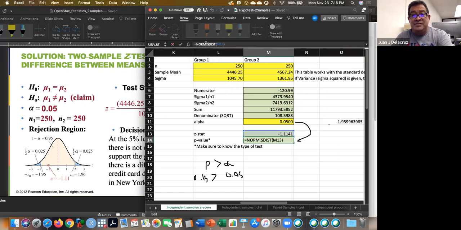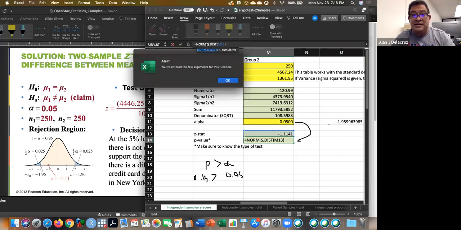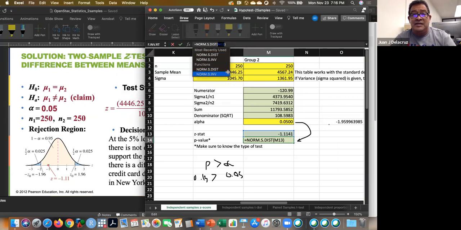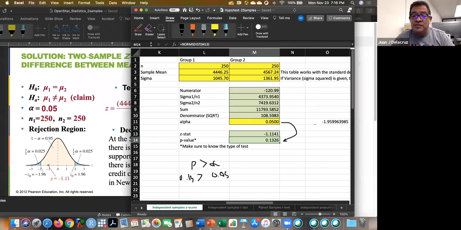I think sometimes different versions of Excel differ, and I don't know why it's doing this, but it's the same formula that we use. In this case, we have the data, we are finding the test statistic, which is the Z statistic, and we are finding the area under the curve.